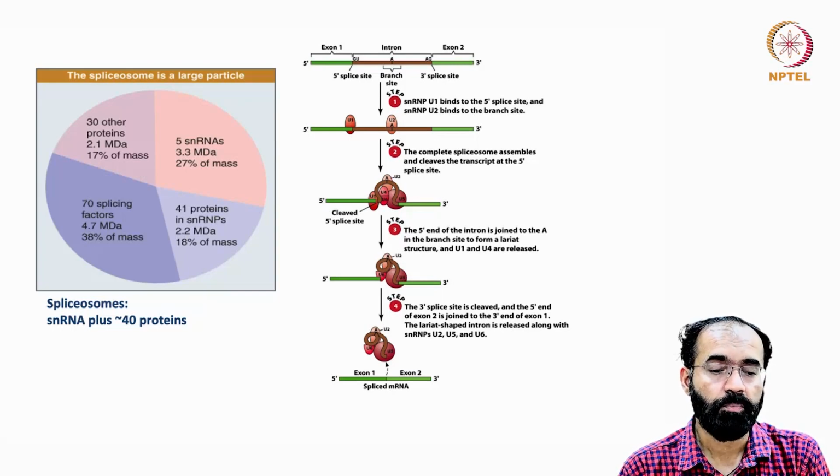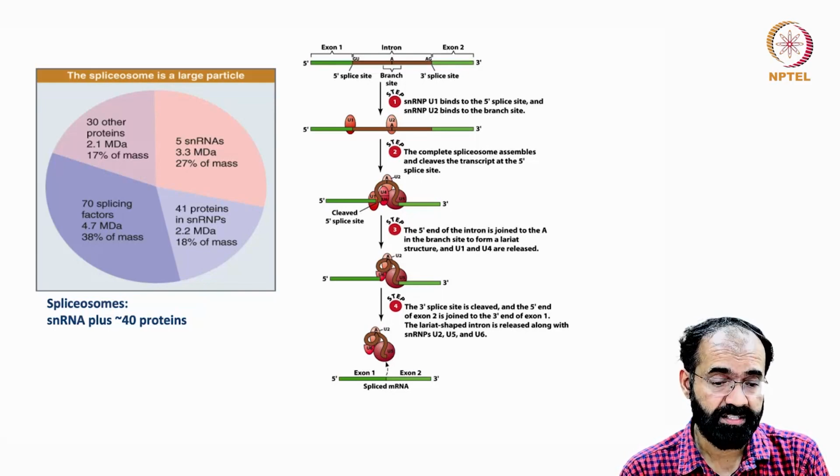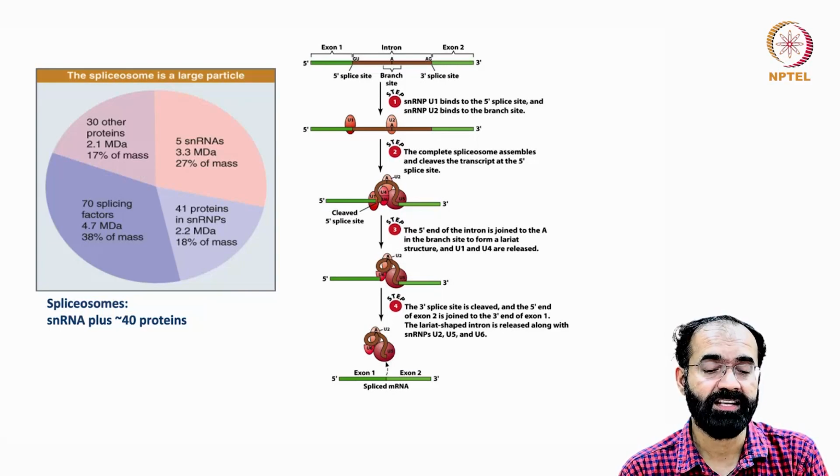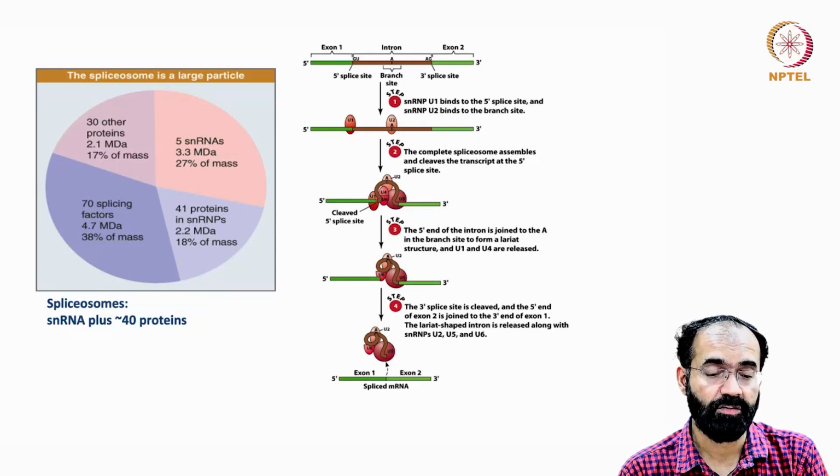Around 2.1 megadalton mass is there, and around 30 different proteins are present, which constitute 17% of the mass, and this is done by 5 snRNA, which is around 3.3 megadalton and 27% of the mass.